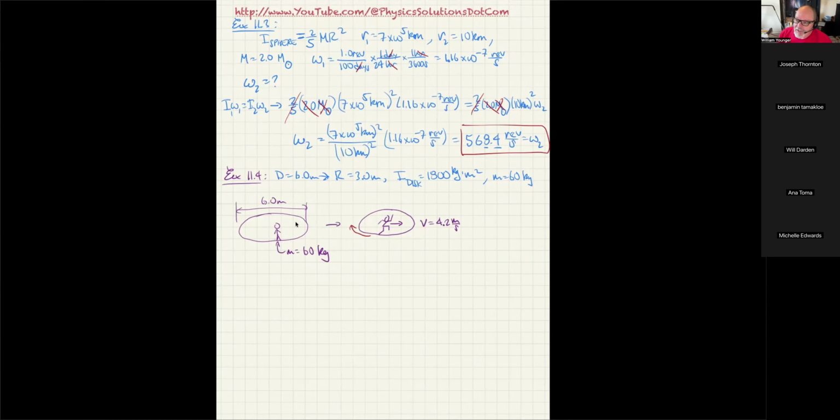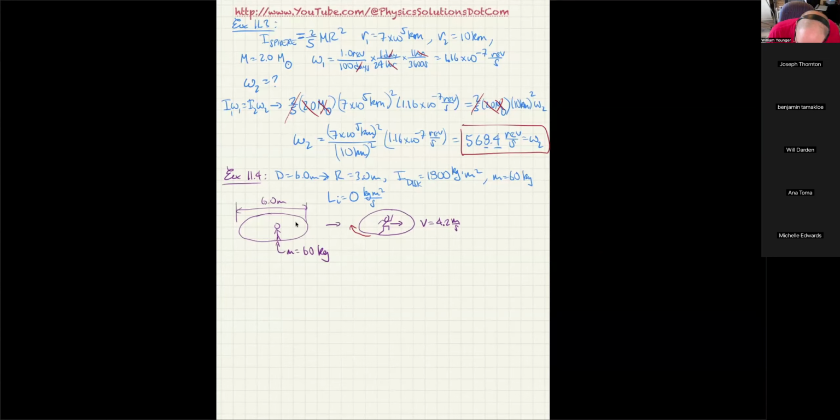And initially, neither one of them is moving. So L initial is equal to 0 kilograms meters squared per second. Kilograms meters squared per second, yep, that should be the units.